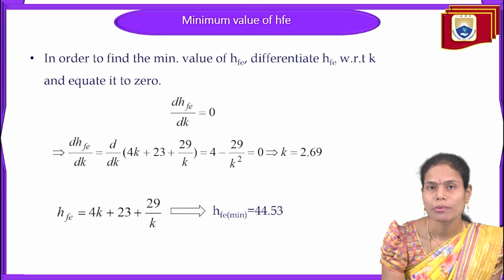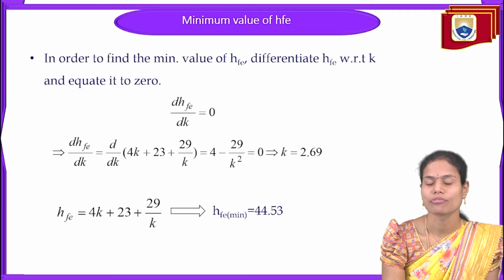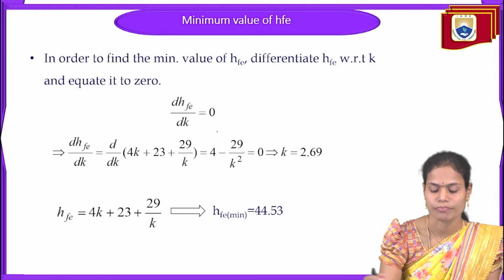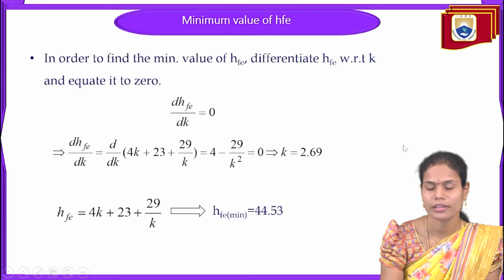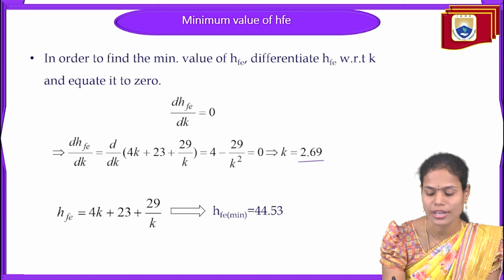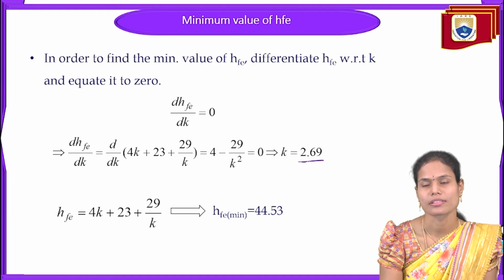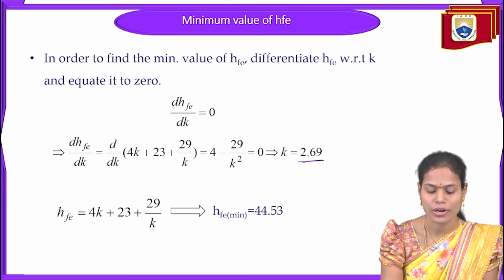To find the minimum value of hfe, we have to differentiate this hfe equation with respect to k and equate to 0. So this is the hfe final equation. Apply the differentiation to this. After applying the differentiation, we will get the value of k as 2.69.